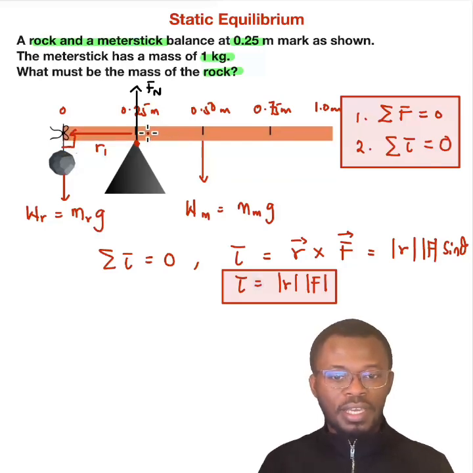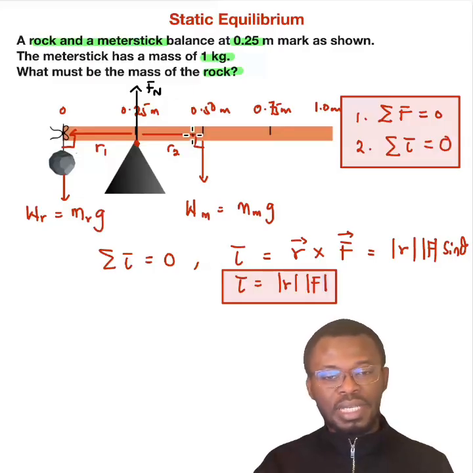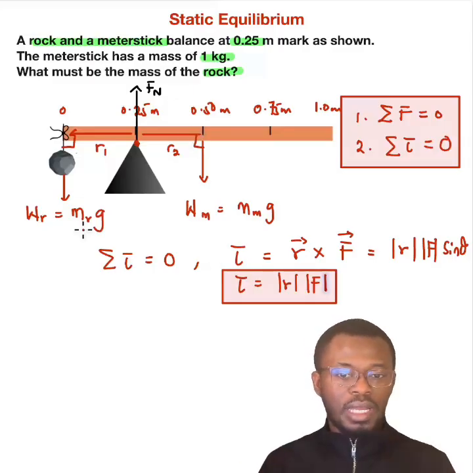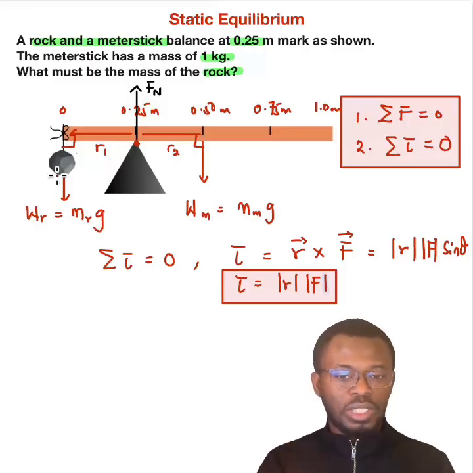Also, we can have R2 from the pivot, and that is also perpendicular to the weight of this meter stick acting through the center of mass. Since the angle is 90 degrees between them, we can define a torque which will set the meter stick to rotate clockwise. And the torque due to the weight of this rock is going to set the meter stick to rotate counterclockwise.